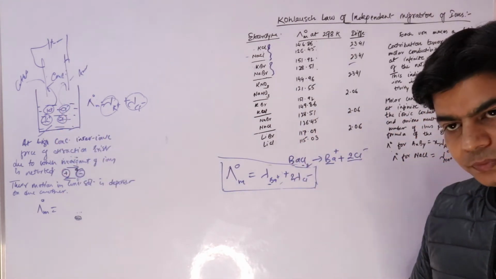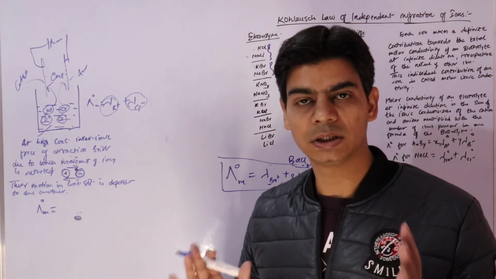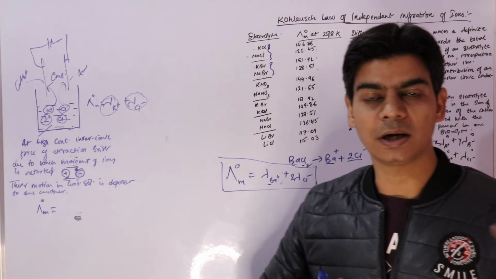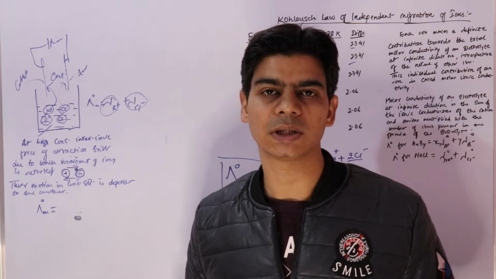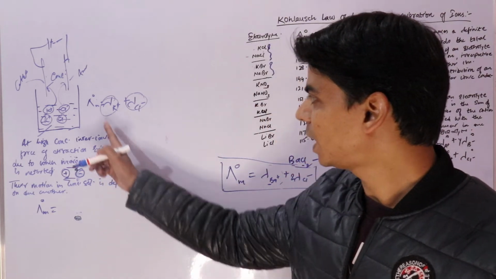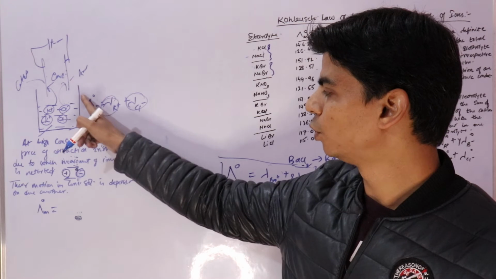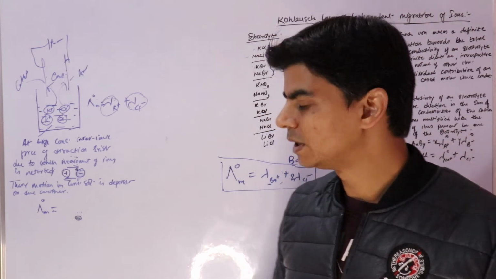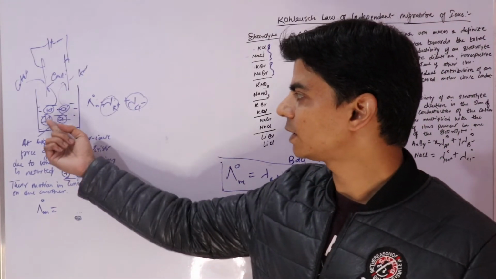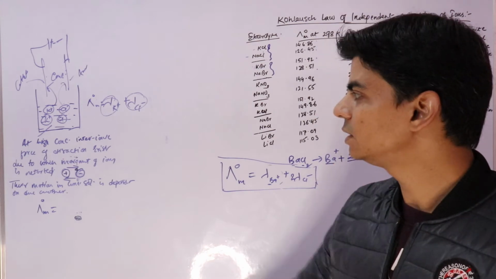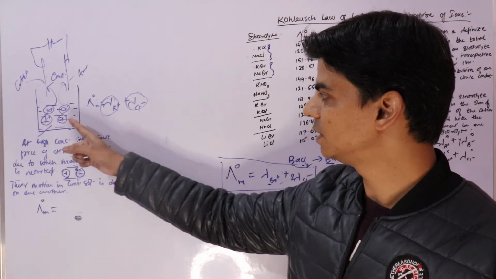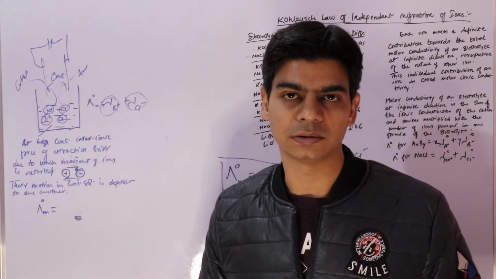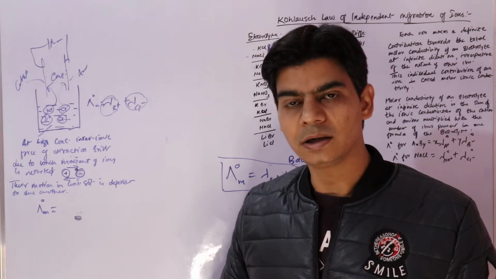But this conduction is due to movement of ions, right? And this movement is retarded due to a force that is acting between these ions. So I cannot write the molar conductivity as the sum of the ionic conductivity of these ions, because there is force of attraction in concentrated solution, and this force is retarding the motion.